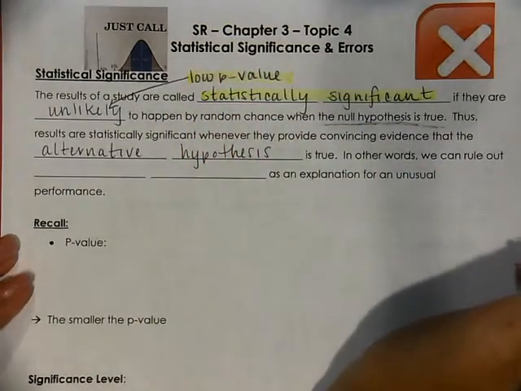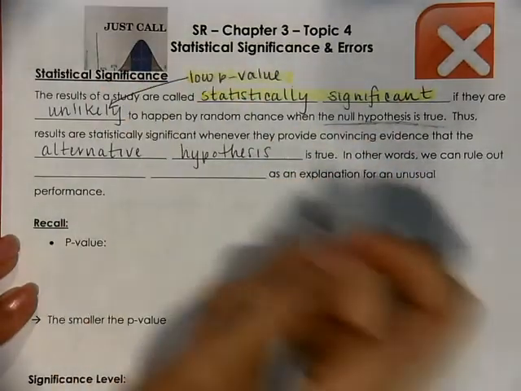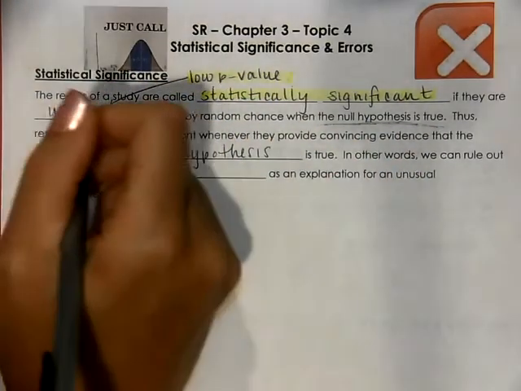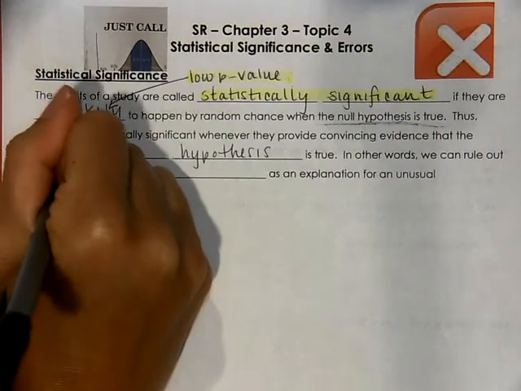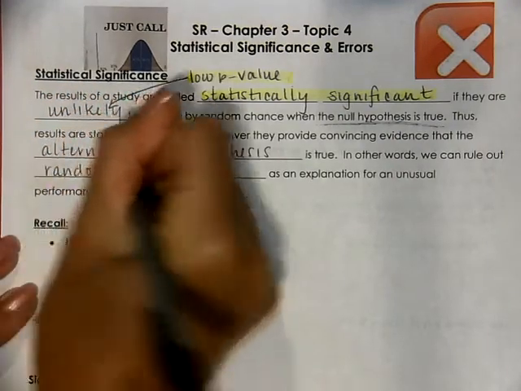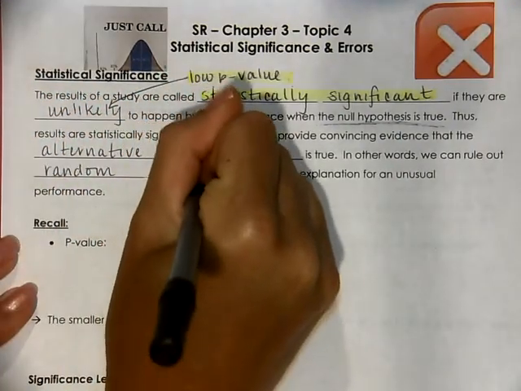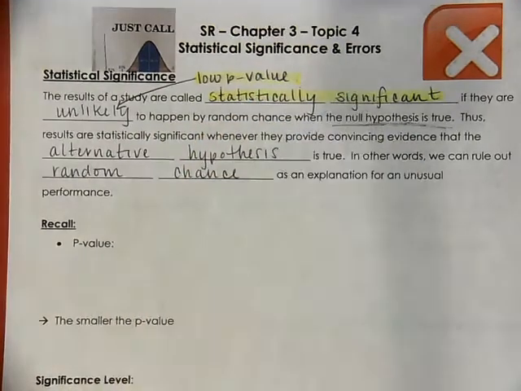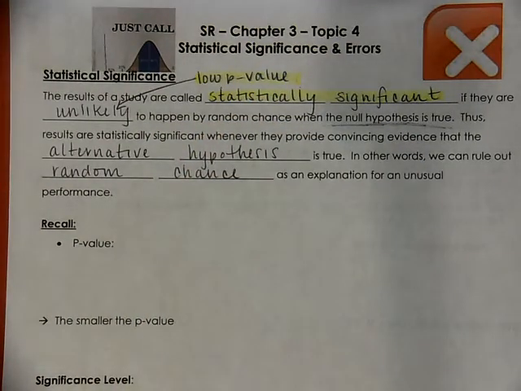We can rule out random chance as an explanation for the unusual performance. So these results were significant enough to make us change our mind: in conclusion, we're going with the alternative hypothesis here, and we no longer feel like the null hypothesis is true.